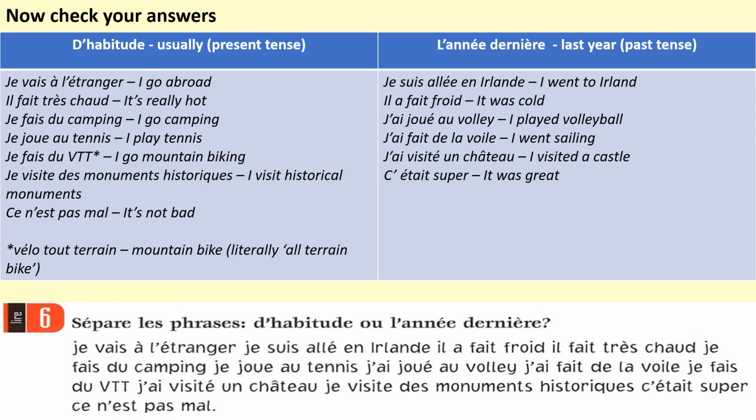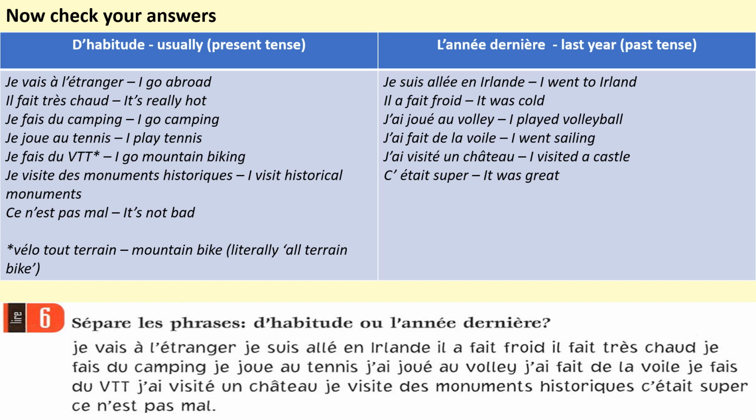Now check your answers. So in the column d'habitude, usually in the present tense answers, you should have je vais à l'étranger, which was your example. Il fait très chaud, it's really hot. Je fais du camping, I go camping. Je joue au tennis, I play tennis. Je fais du VTT, I go mountain biking.